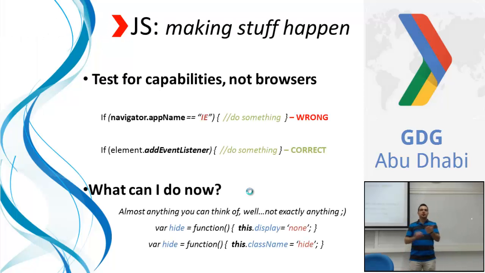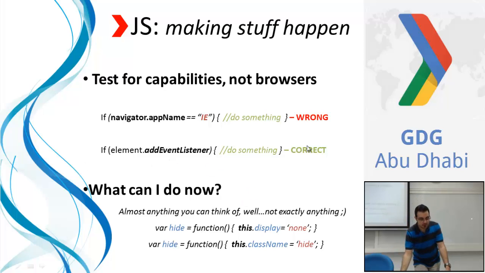So, as you notice, when you want to add an event listener to an element, you have a different way for IE and for everything else. So how do you know which to apply? Or do you have to write everything twice? Well, what most people do is just test, ask if this browser is Internet Explorer or not.